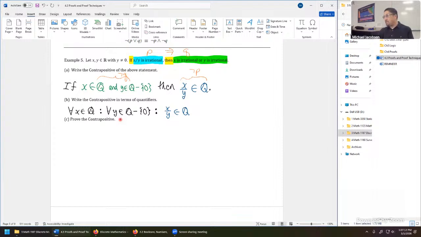So we begin by saying proof by contrapositive: assume x is in Q, so it's a rational number or a fraction, you could say, and y is in Q, but non-zero. So we've defined our variables.